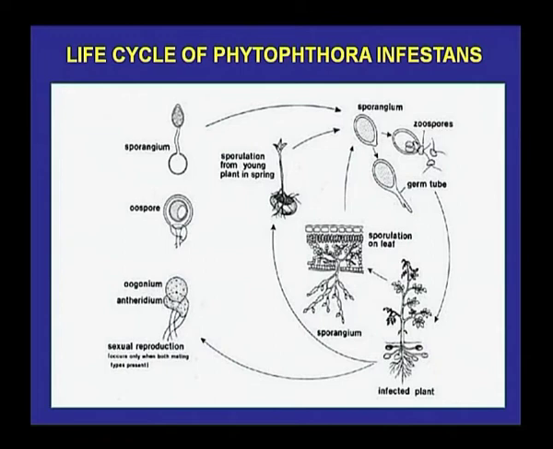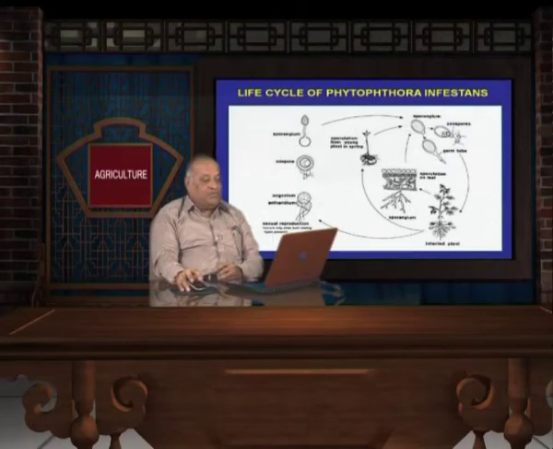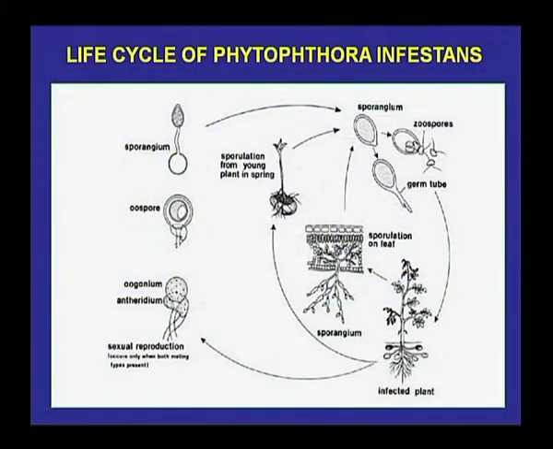This is the life cycle of Phytophthora infestans, where we see that oospores remain always in the soil and on the plant debris in the farm. They germinate to give sporangium, and when the sporangium germinates, it directly gives a germ tube, or it produces swarming zoospores with flagella, and they in turn infect the plant.